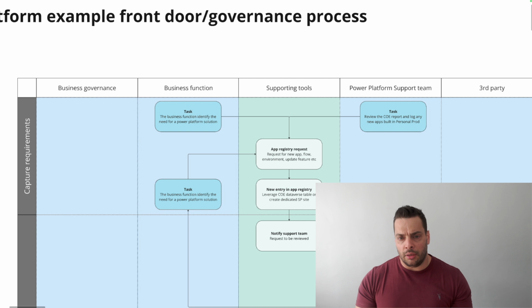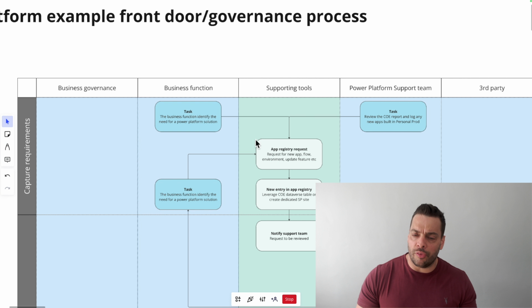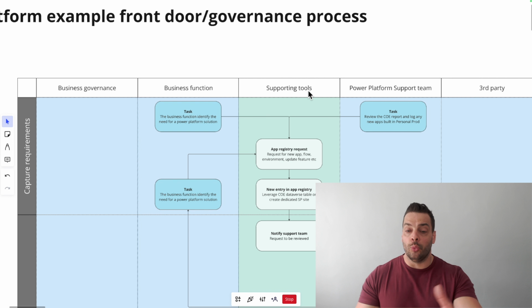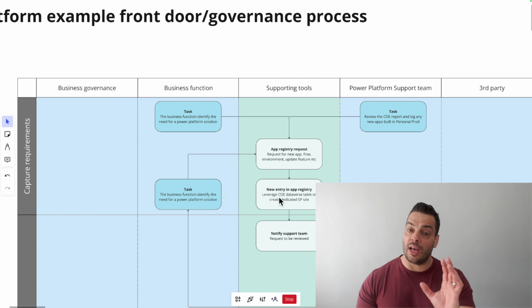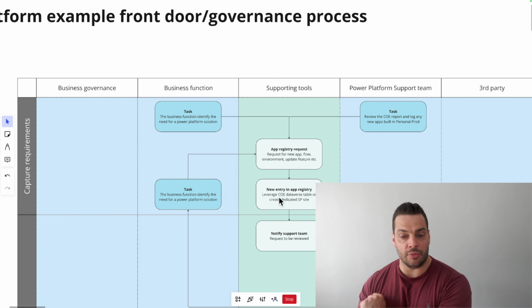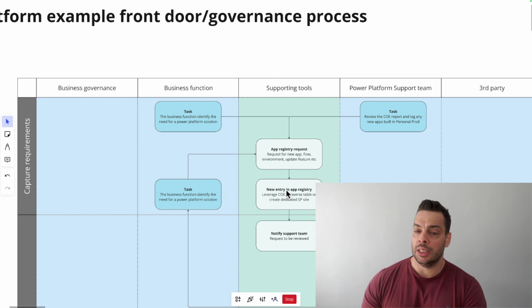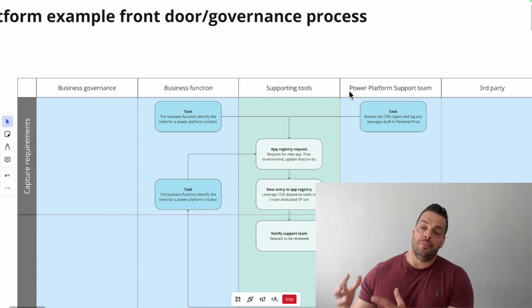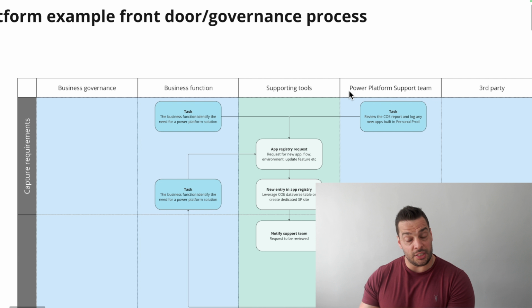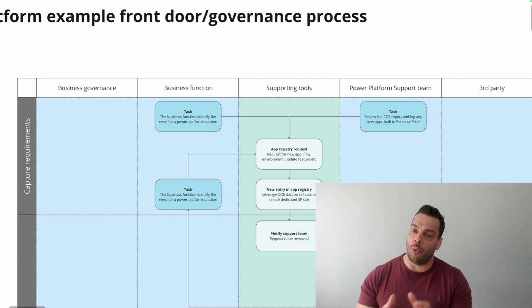The green bit in the middle is really the green bucket of tools that you're going to get to support it. And one of the things that I mention in here, you'll see this abbreviation COE. It means Centre of Excellence, and I have got a section on that later in this video, so we will come back to that. Then there's what I call the Power Platform support team. Now that doesn't have to be a specific team formulated to do this, but some organisations do have one.